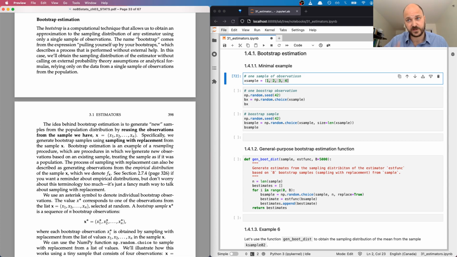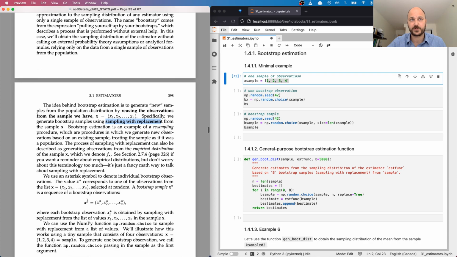We don't have 1,000, we have just one. So this is a clever computational hack to approximate samples from the population: sampling with replacement from this sample.